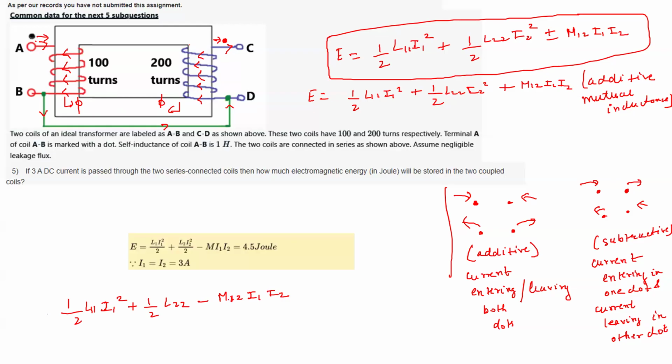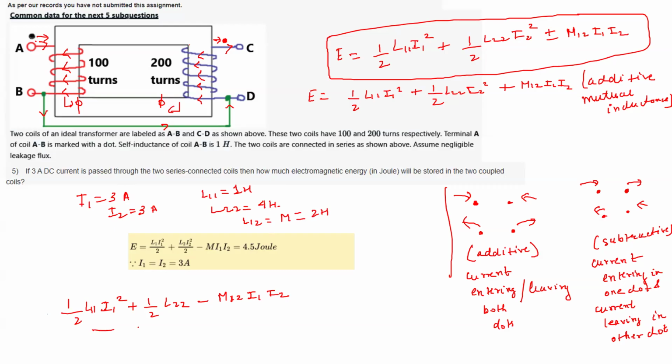Because this is connected in series, 3 ampere is flowing here, which means 3 ampere is also flowing in I2. So I1 is 3 ampere, I2 is 3 ampere, L11 is given as 1 Henry, L22 we found from the third question as 4 Henry, and from the previous question we found L12 or M is 2 Henry.